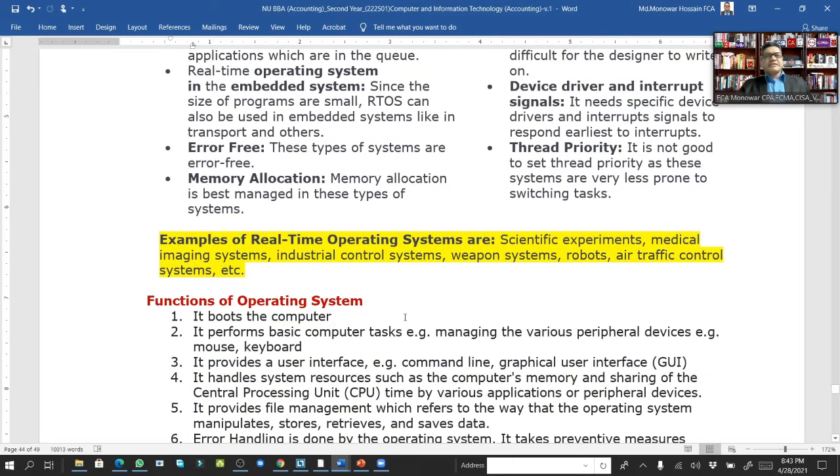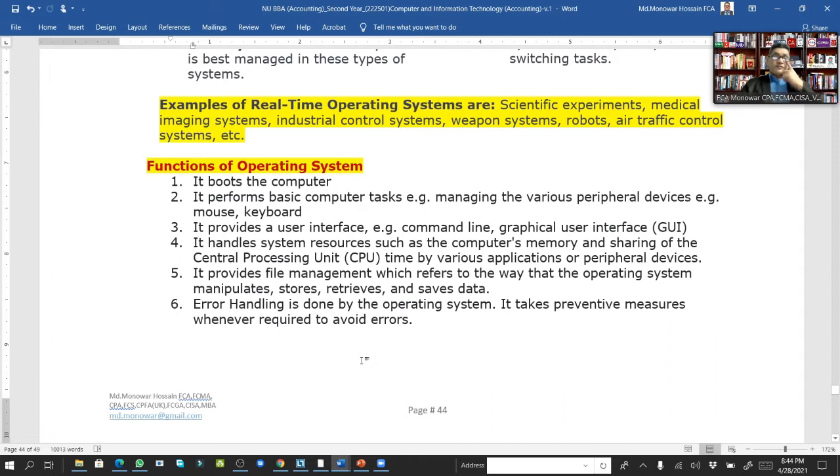Examples of real-time operating systems are scientific experiments, medical imaging systems, industrial control systems, weapon systems, robots, air traffic control systems, etc.